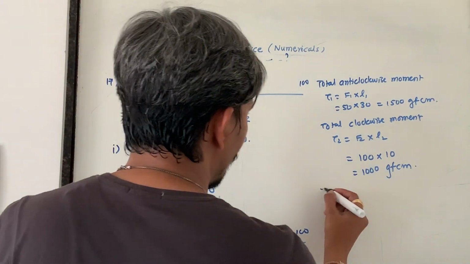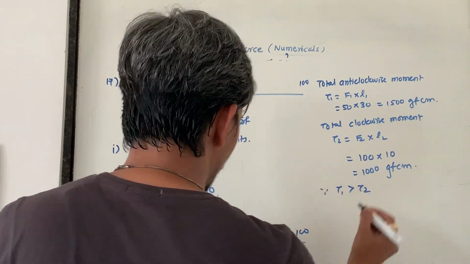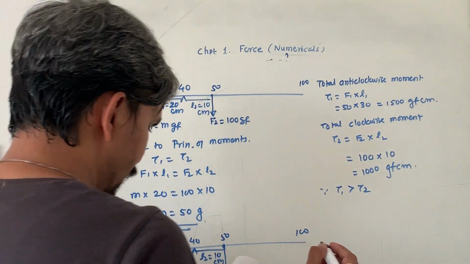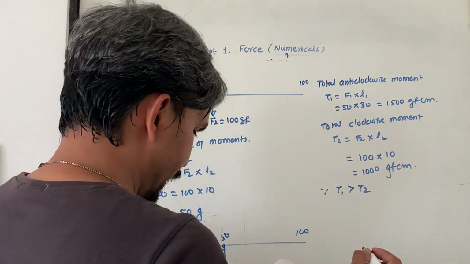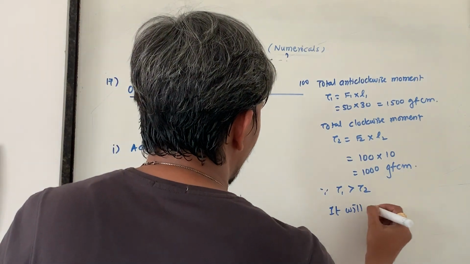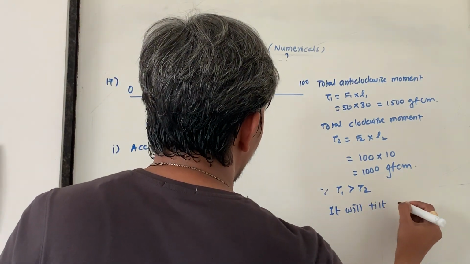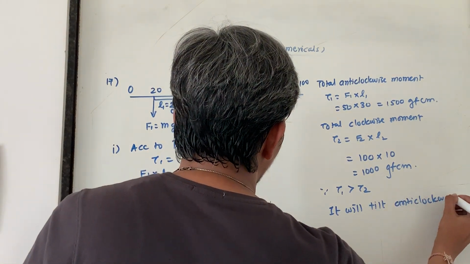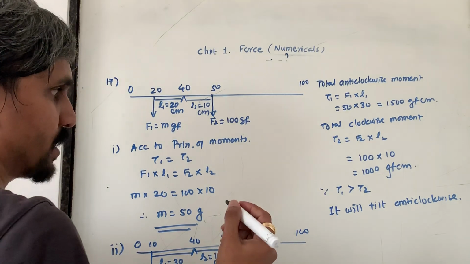Now since your torque 1 is greater than torque 2, to which side will this rule tilt? It will tilt anti-clockwise, right? It will tilt anti-clockwise because torque 1 is greater.